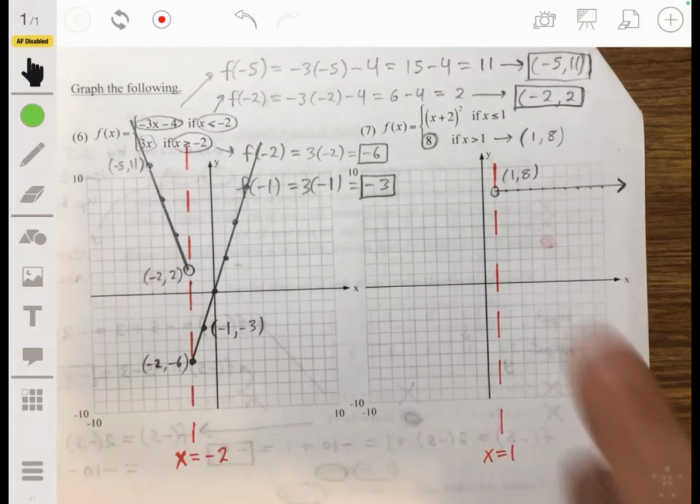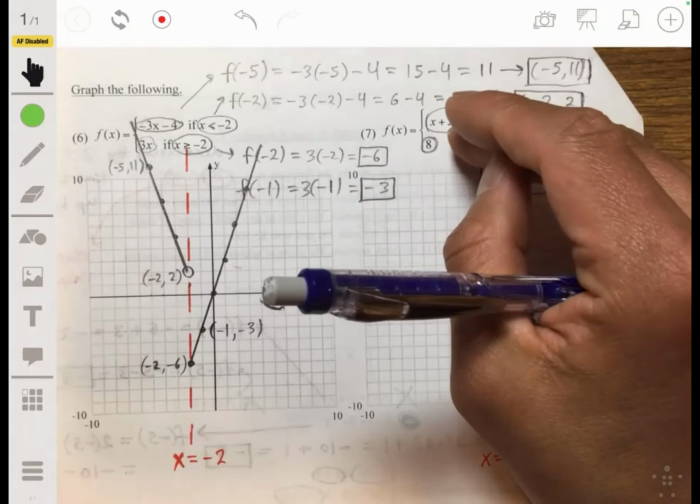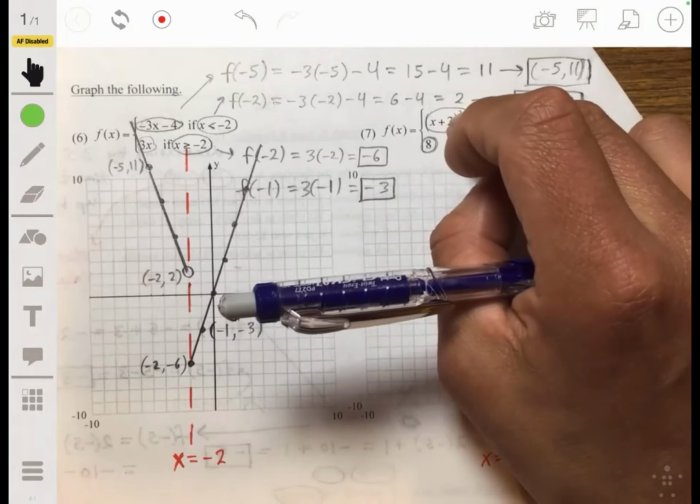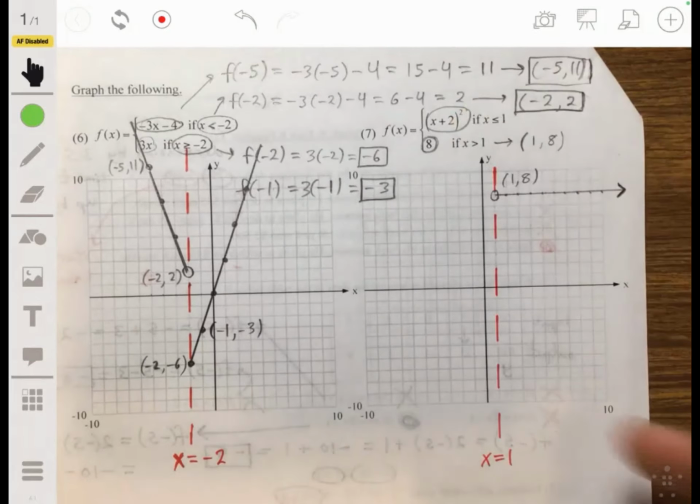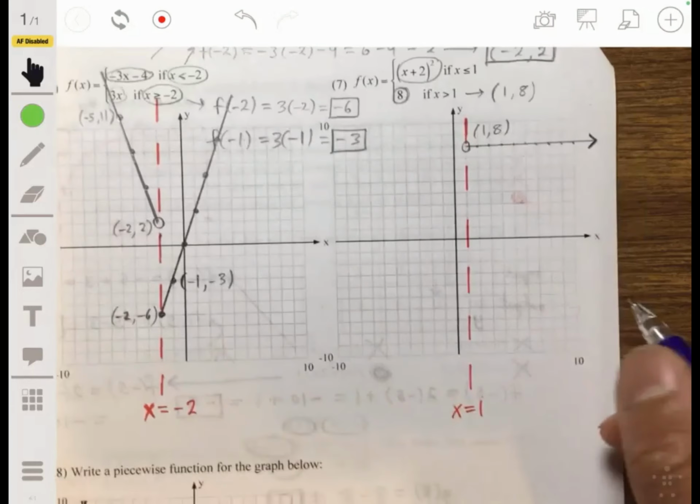Now this is going to be a parabola. So make sure that you don't draw a straight line, because you can see the power here. But the way you could always do this is plugging in 1, plugging in 0, -1, -2, -3, -4, -5, and so forth. So let's just make a table down here.